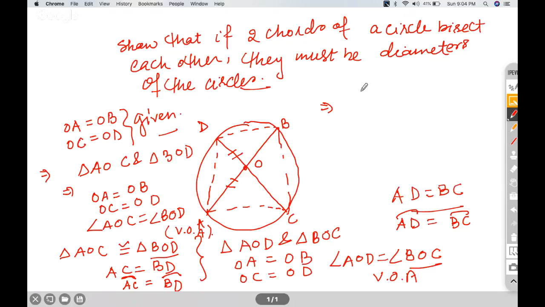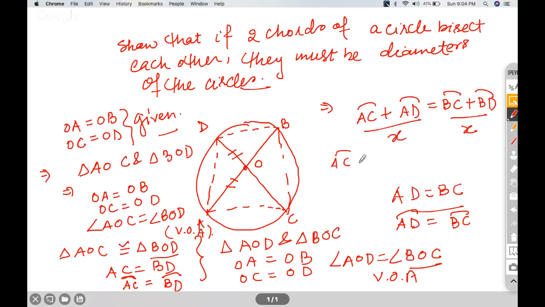So what I get is, I can add these two. I know AC plus AD is equal to BC plus BD. Now, suppose this total is X and this total is X. So AC plus AD plus BC plus BD is the complete circle.